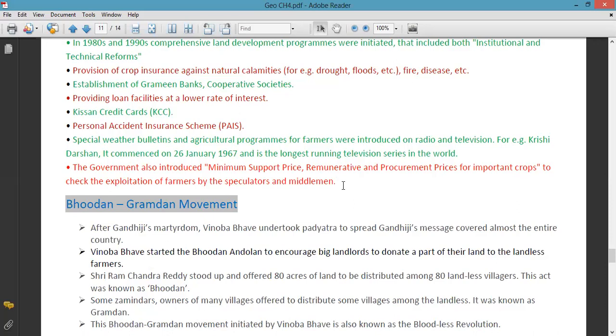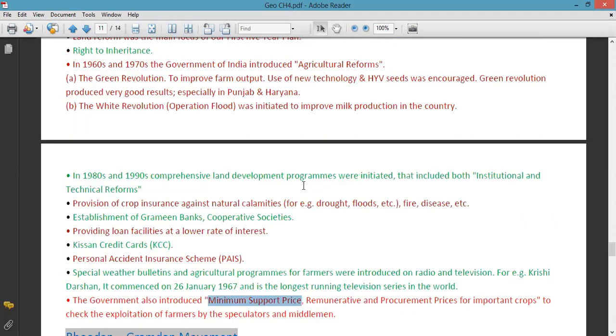To avoid this, for each kind of agricultural produce, the government has fixed an MSP, minimum support price. Under this, no stakeholder or middleman involved in the retail industry should purchase any agricultural produce for less than the price fixed by the government of India. That is called the minimum support price. It is also called minimum retail price, like maximum retail price, in short MRP.